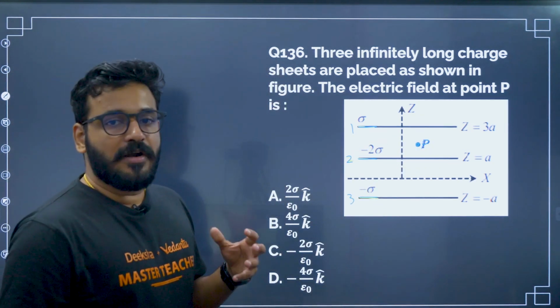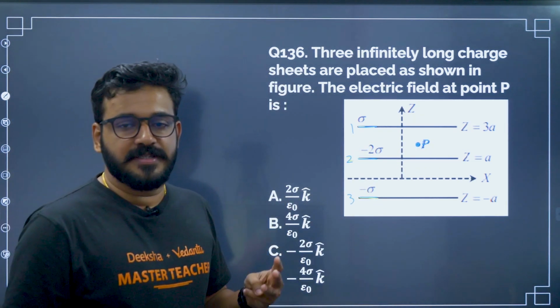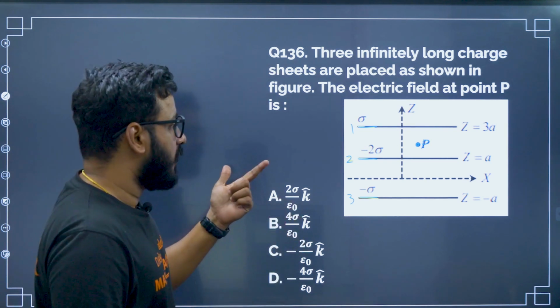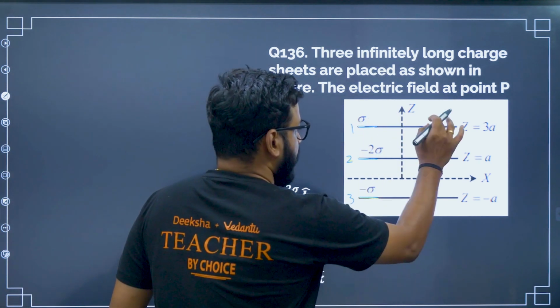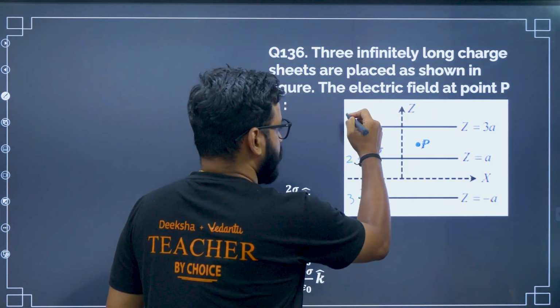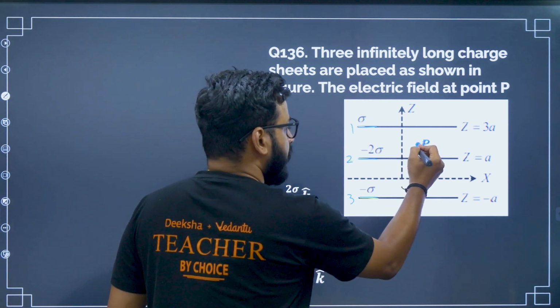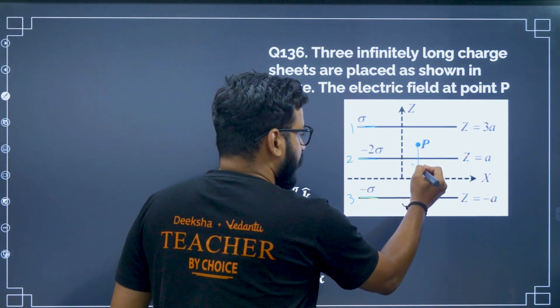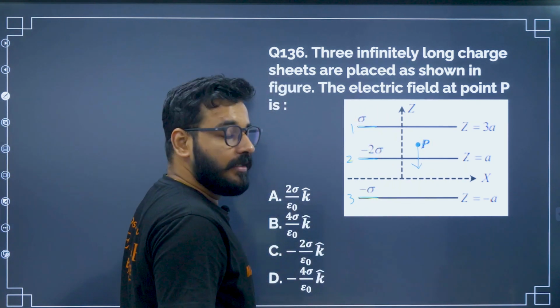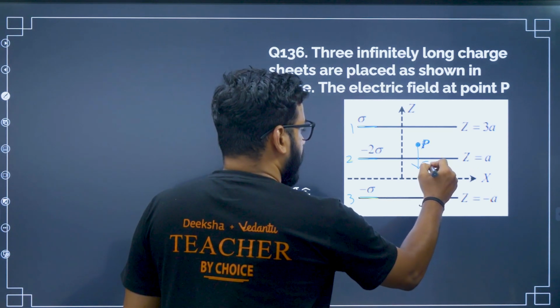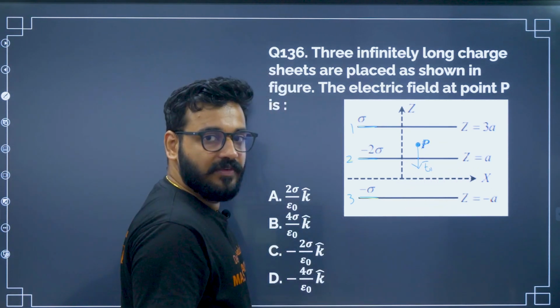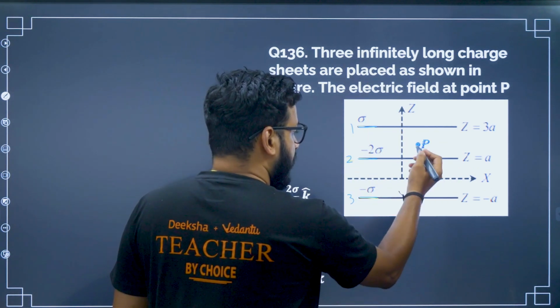Now first of all, you have to see the net electric field. There are 3 plates. So what is the net electric field direction? Because of the first plate, it's positively charged, the charge density is positive, so it will have electric field towards this direction. This is E1, and since 2 and 3 are negatively charged, they will have an electric field pulling towards them.